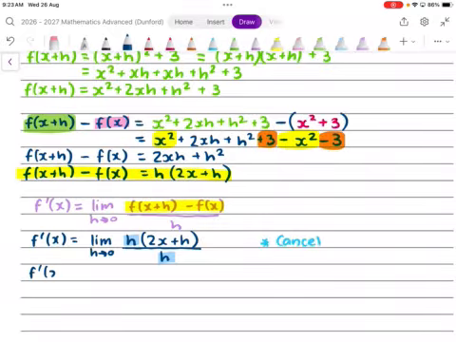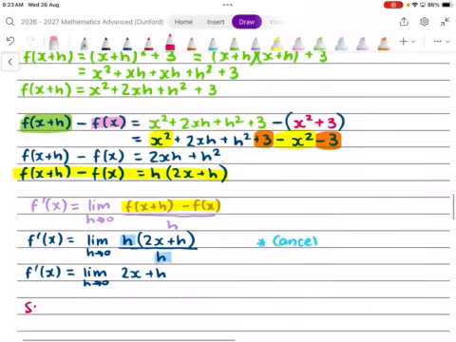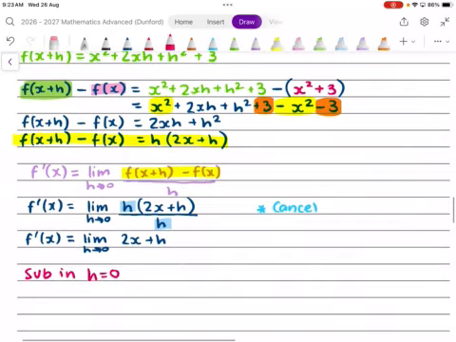So what we'll have is that f dash x is equal to the limit where h approaches 0 of 2x plus h. Now, to get rid of our limit and find what the derivative is, we sub in h equals 0.